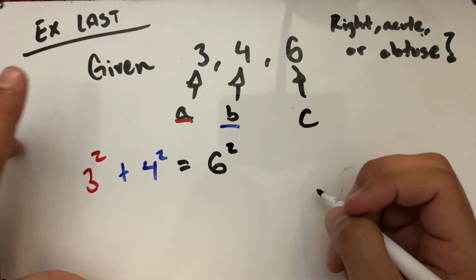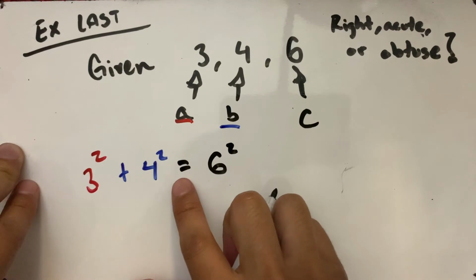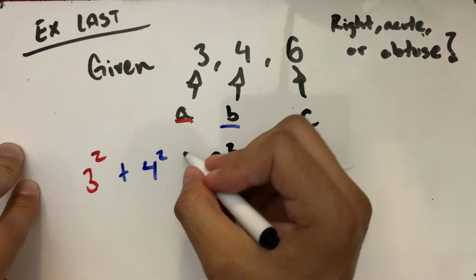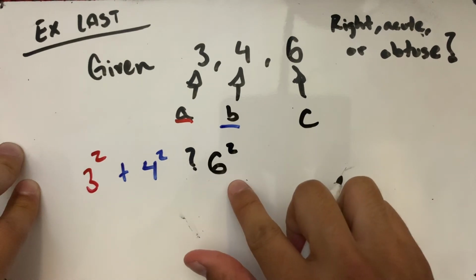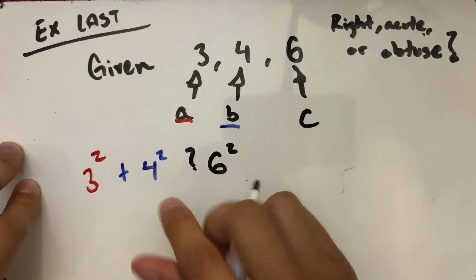Oh, actually we can't say equals, my bad. We don't know if this is greater than, or this is greater than, or if they're equal to each other.